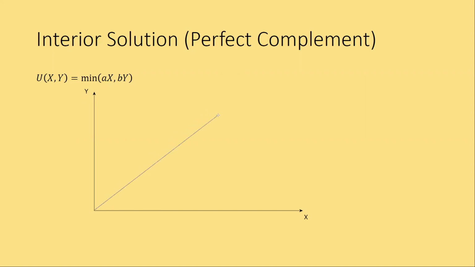So let's say this is a straight line. The indifference curves are L-shaped like this, with their corner points on this straight line.